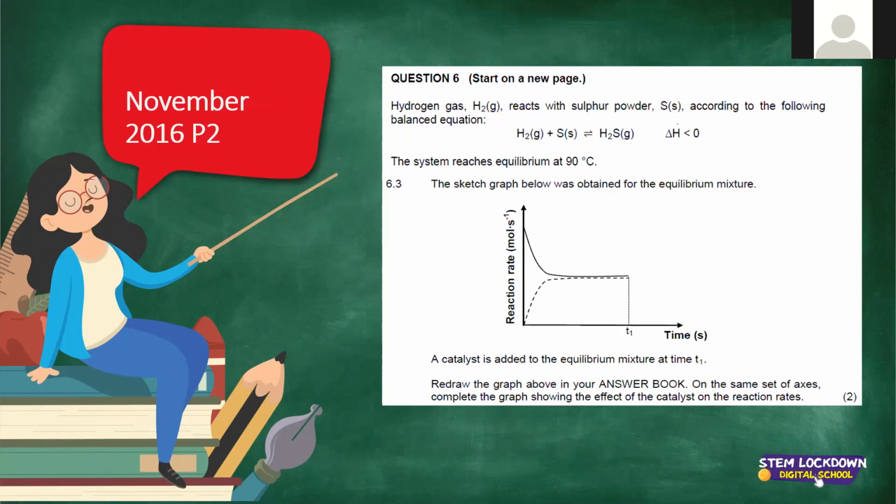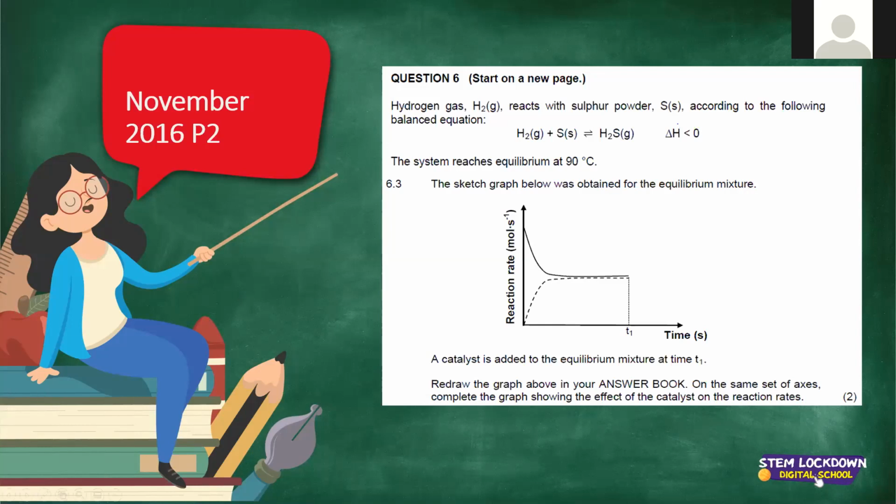And they tell you the system reaches equilibrium at 90 degrees Celsius. The sketch graph below was obtained for the equilibrium mixture. And then they say a catalyst is added to the equilibrium mixture at T1. Redraw the graph above in your answer book on the same set of axes. Complete the graph showing the effect of the catalyst on the reaction rate.